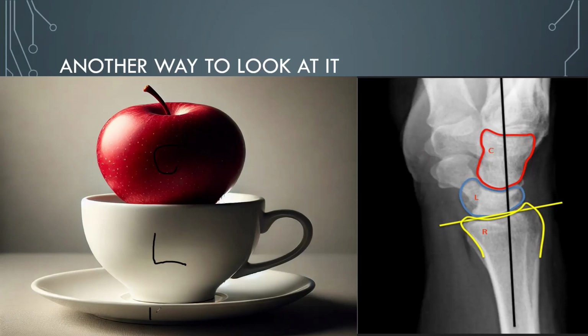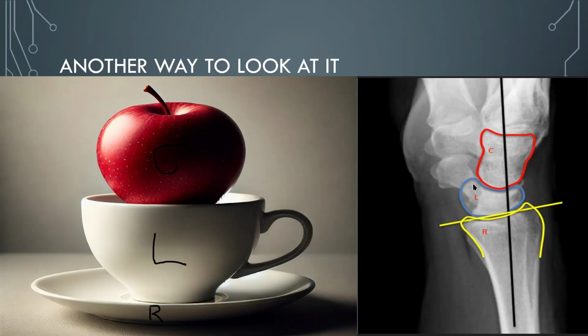So we're going to use this as an imagination trick to try and figure out all the different things that can happen. You've got here this capitate, which is equivalent to your apple. We have the lunate, which is the equivalent of the cup. In other words, the lunate is holding the capitate in place, and we have the lunate sitting in the radius, or the distal end of the radius.